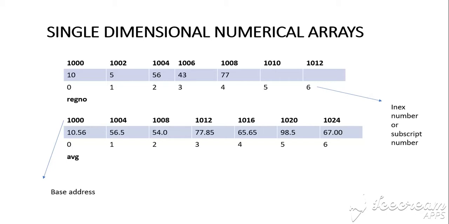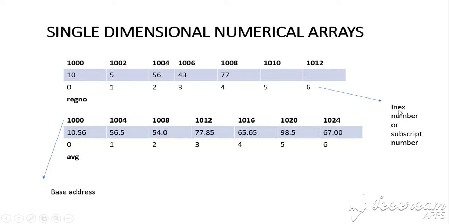By their register number, isn't it? You can call the student by specifying register number 10 of class 10, register number 11 of class 10. In a similar way, each and every element of an array will have an index number.